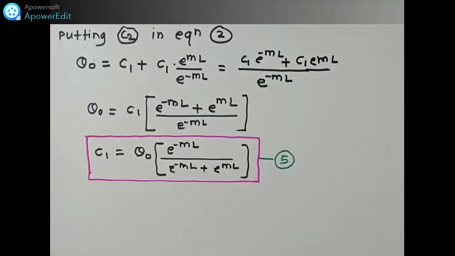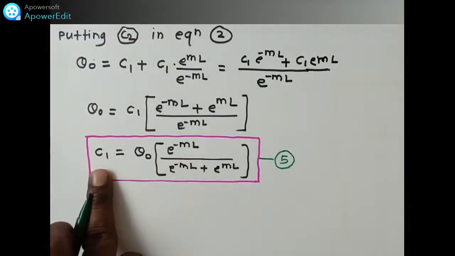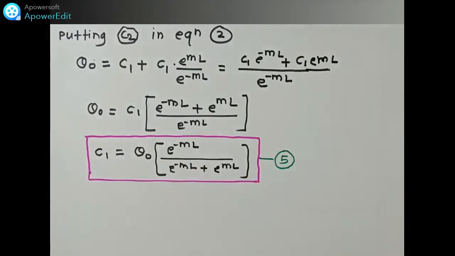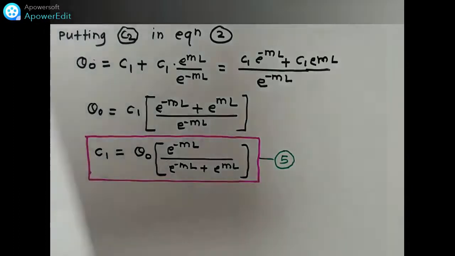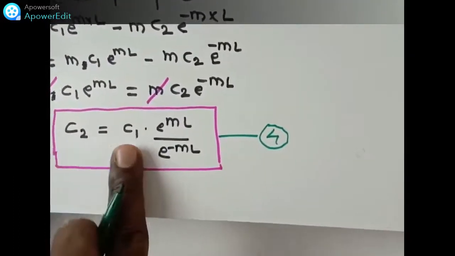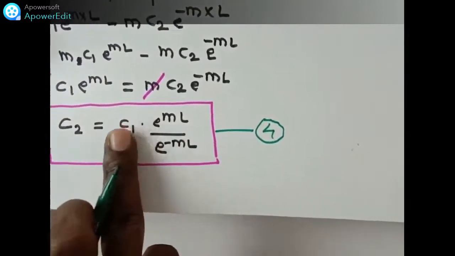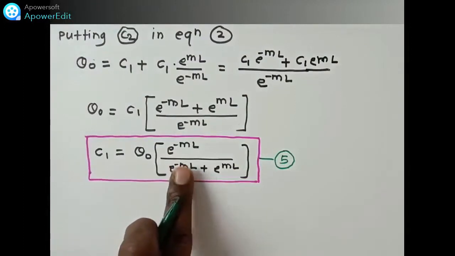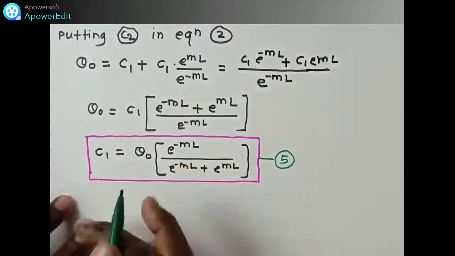Now we can put this value of C1 from equation 5 into equation 4. Here equation 4 is C2 is equal to C1 into this. So this C1 value, we can put this expression.